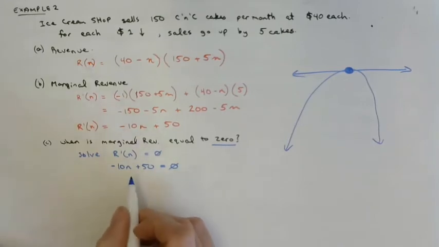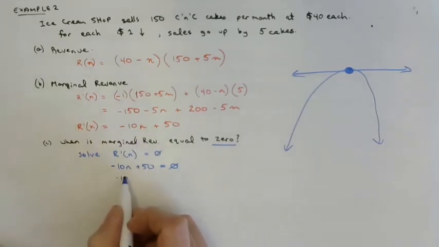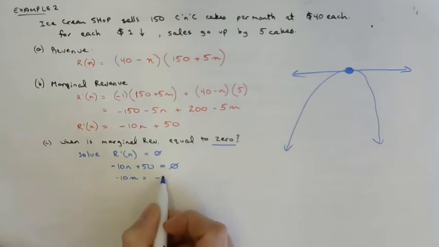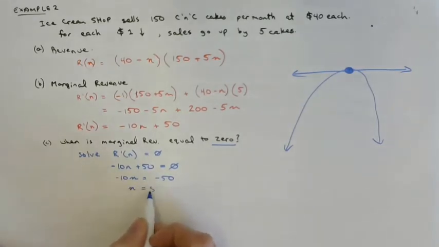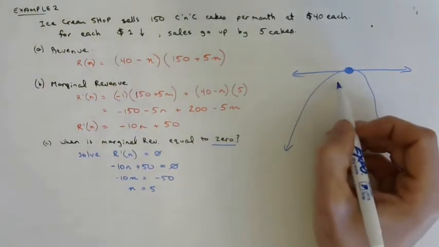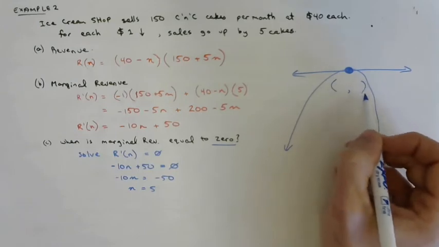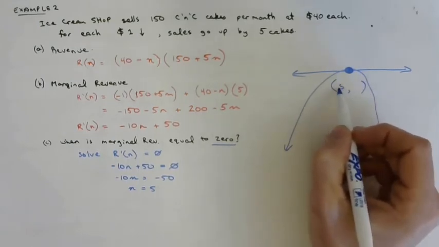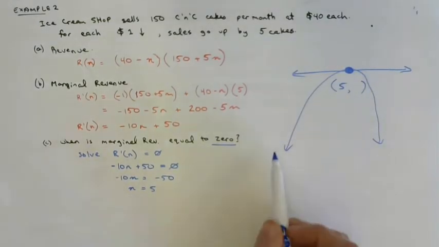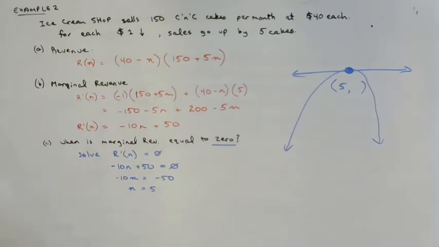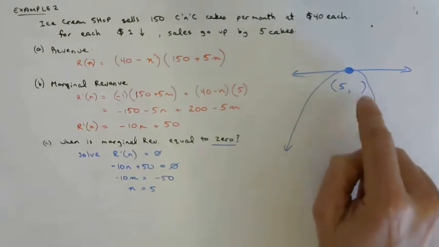To solve this, we're just going to subtract 50 from both sides, divide by 10, n equals 5. So basically that tells us the n coordinate of this point is 5. So that is the number of price decreases that will maximize their revenue.